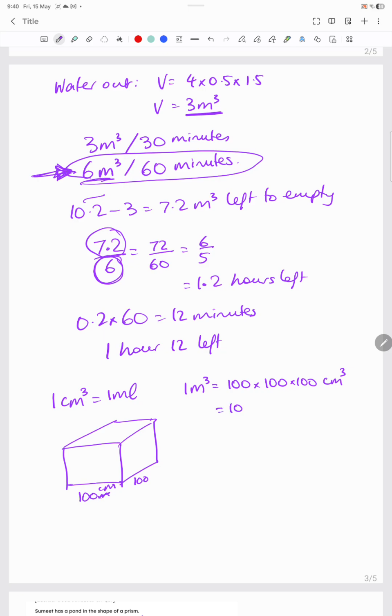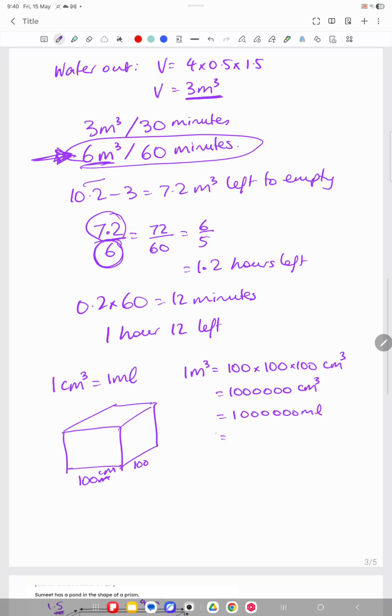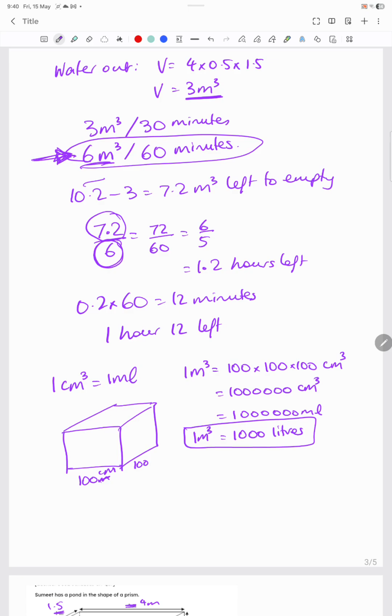So that's 1,000,000 with 6 zeros centimetres cubed, which is 1,000,000 mil. If we want to turn that into litres, that means that we get the relationship that 1 cubic metre is 1,000 litres.